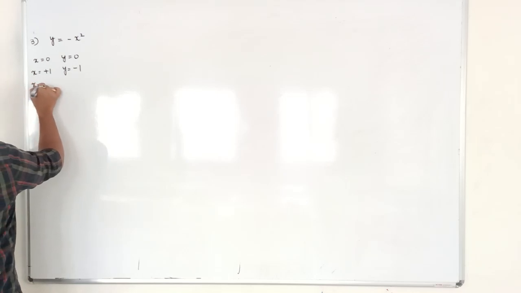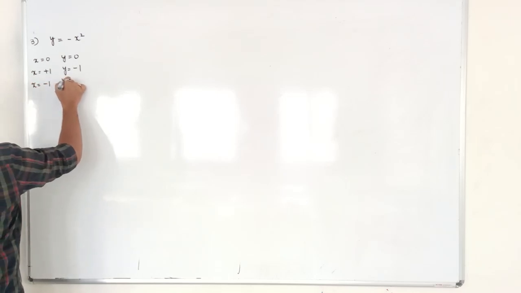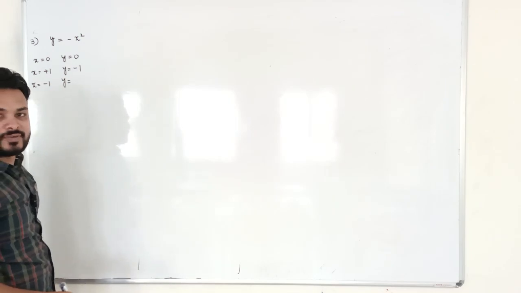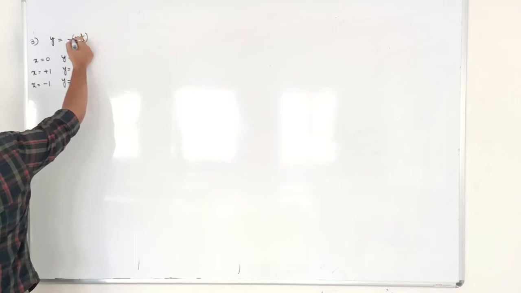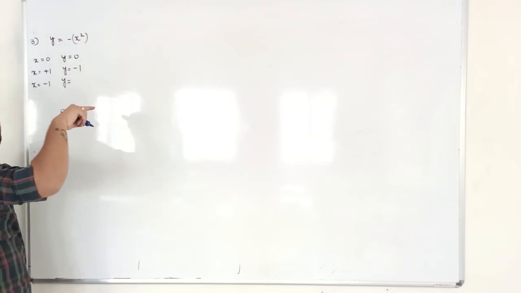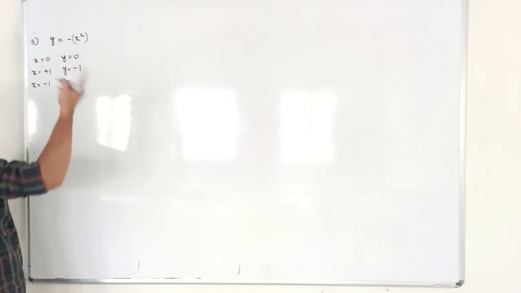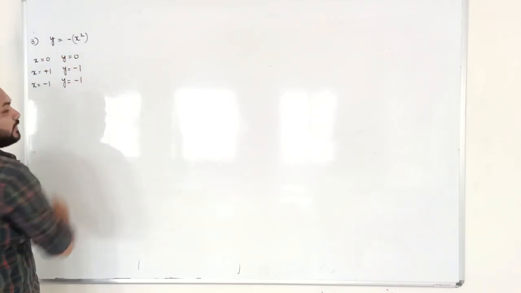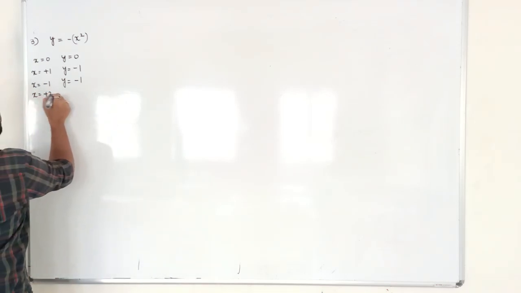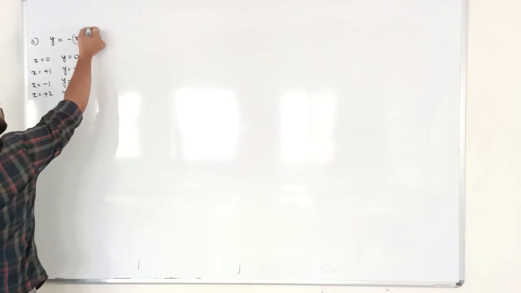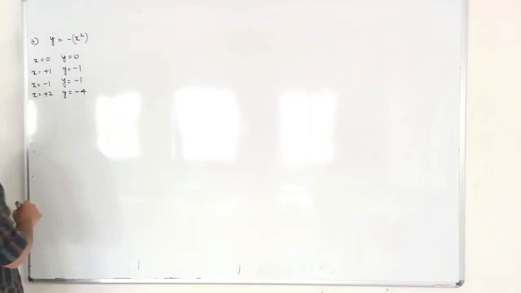Now, x equal to minus 1, what is y now? Minus 1 whole square plus 1, plus into minus, minus, so y equal to minus 1. Understood? Now, x equal to plus 2, y becomes plus 2 whole square 4, minus 4.